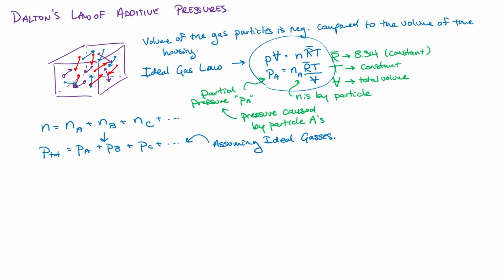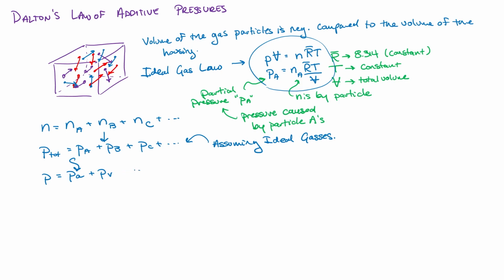And what it's going to mean for us is that the pressure of our system is going to be a combination of the pressure caused by air and the pressure caused by our water vapor in the air, like that.